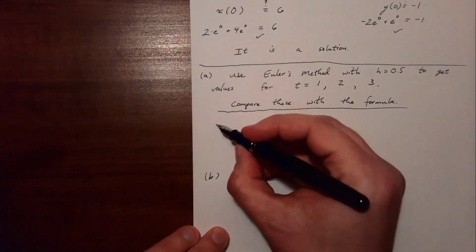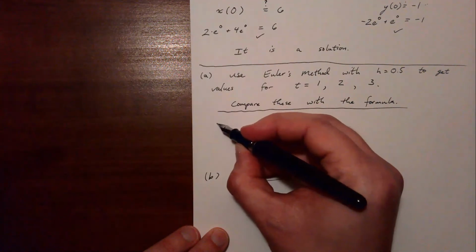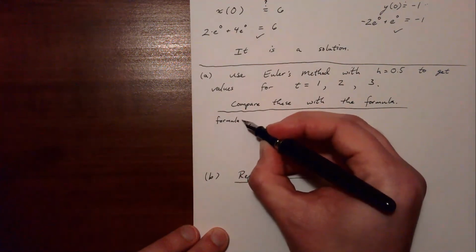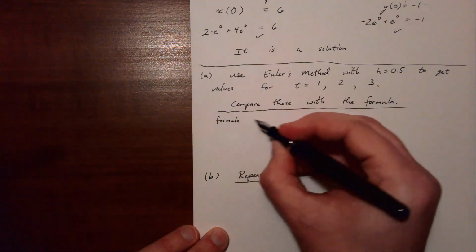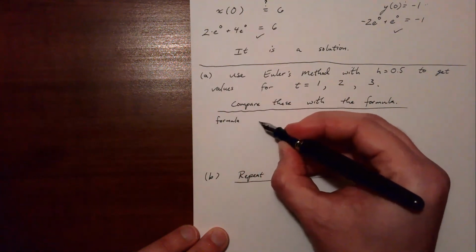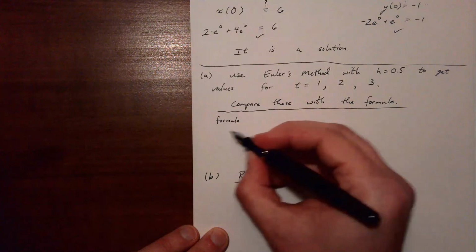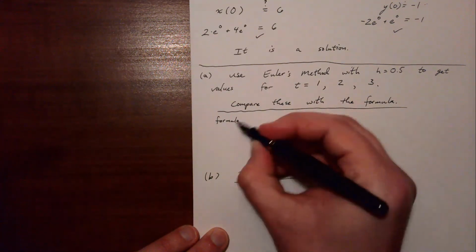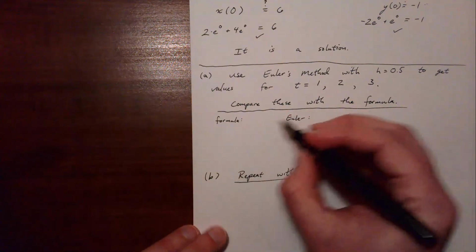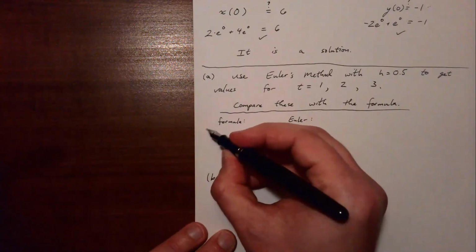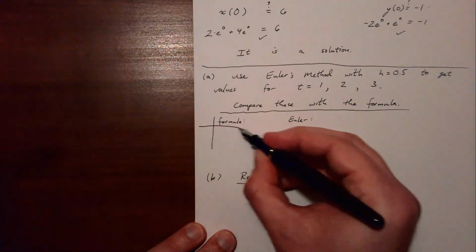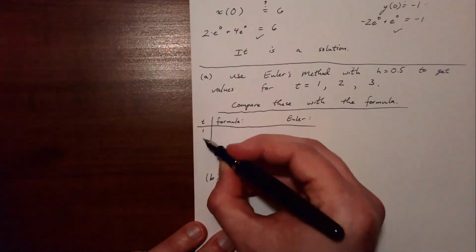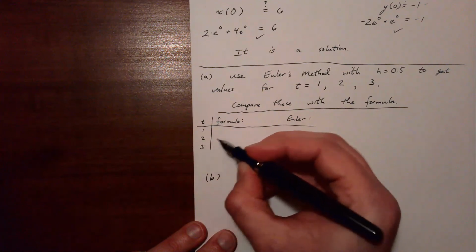So let's say formula, and Euler. And let's make a little table here. And t is 1, 2, and 3.